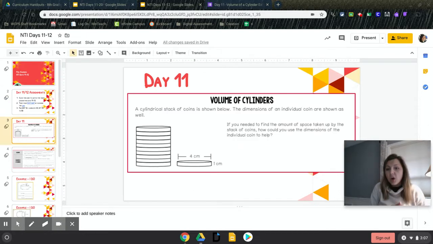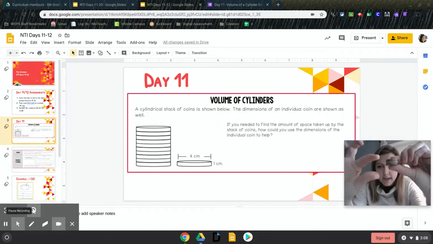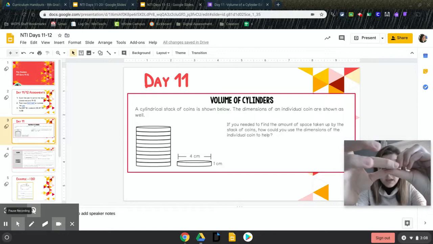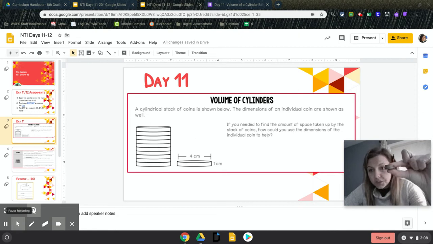So, volume of cylinders. A cylindrical stack of coins is shown below. The dimensions of an individual coin are shown as well. So it's kind of like saying we took some pennies or dimes or quarters and we stacked them up. Kind of like these quarters right here. See how I have a stack of quarters? When I stack those quarters up, they make a cylinder.